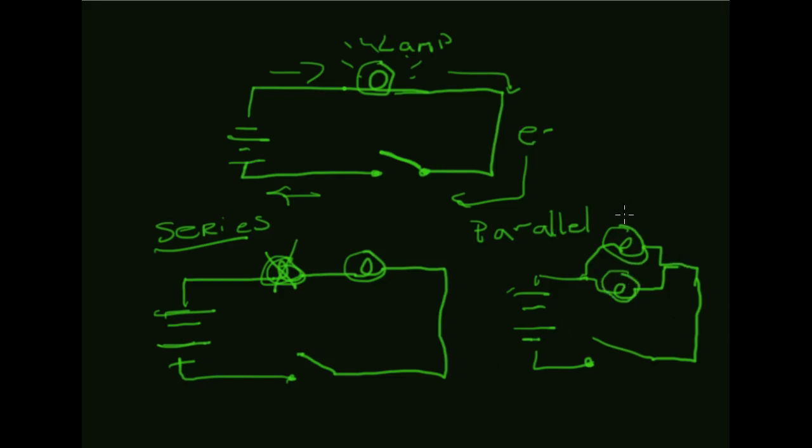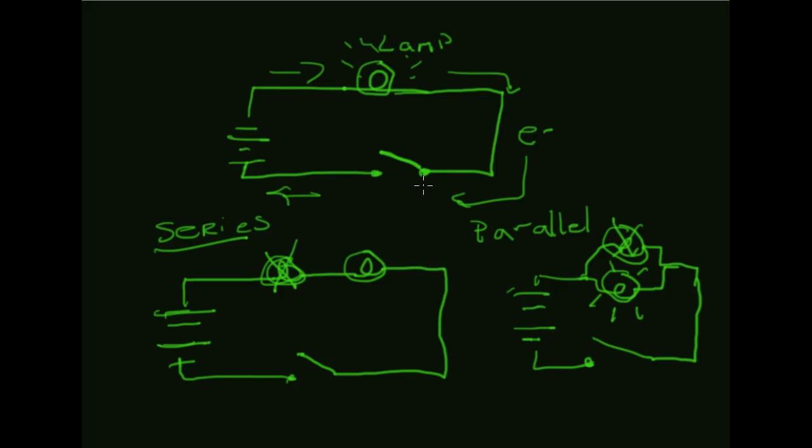What makes this interesting is that if this lamp burns out, this one remains lit, and vice versa. So it is possible to have only one lamp lit in this type of configuration. They don't both have to be working together. In series, they have to be both on at the same time or both off at the same time.